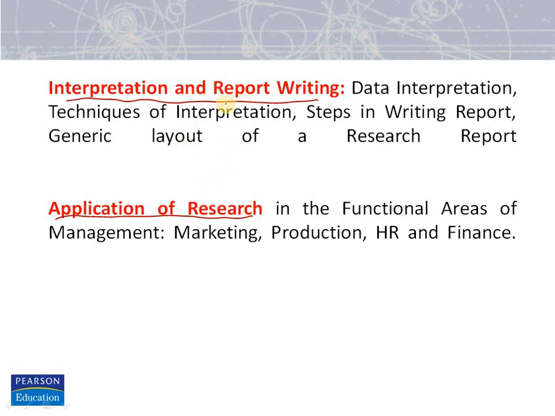So we will divide this into two parts. The first part will include interpretation and report writing, and the second part, which will be the next video, will be on application of research in the functional areas of management like marketing, production, HR, finance, entrepreneur development cell, and so on.